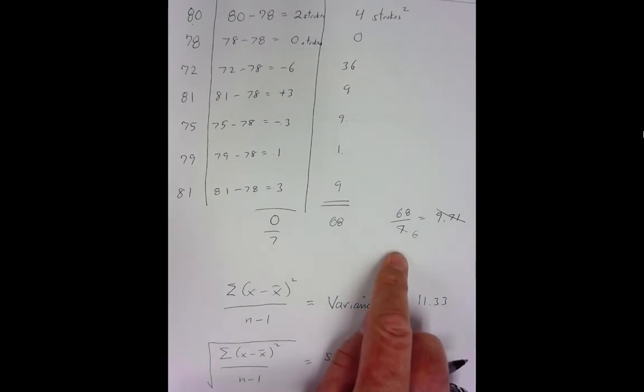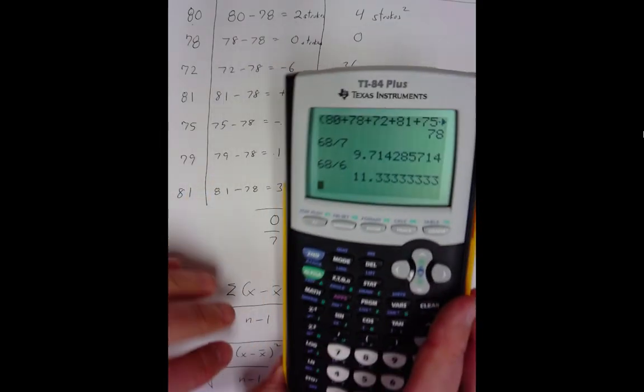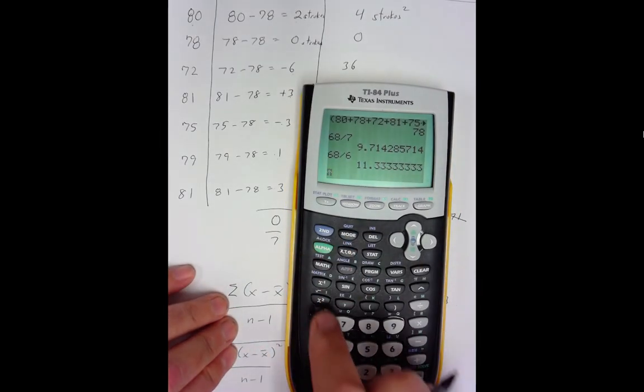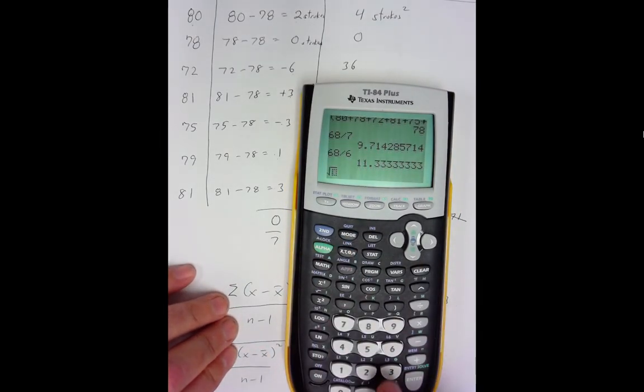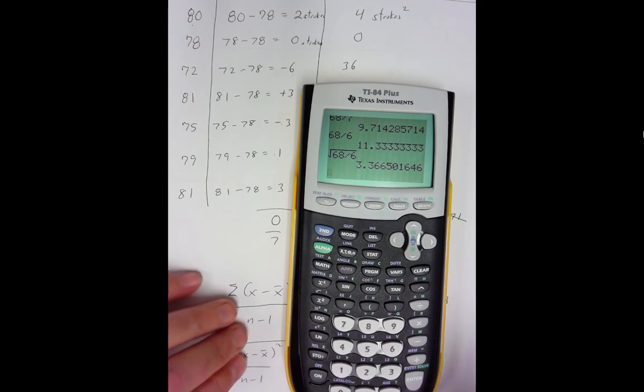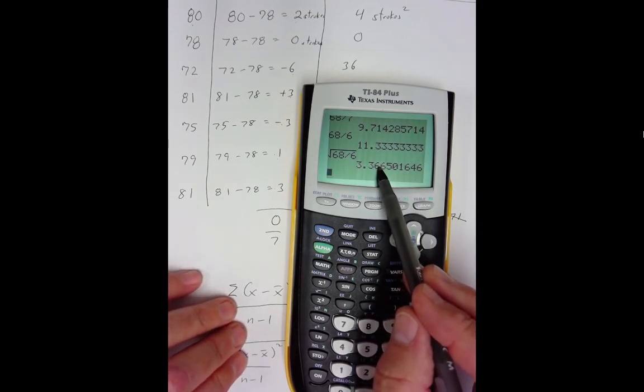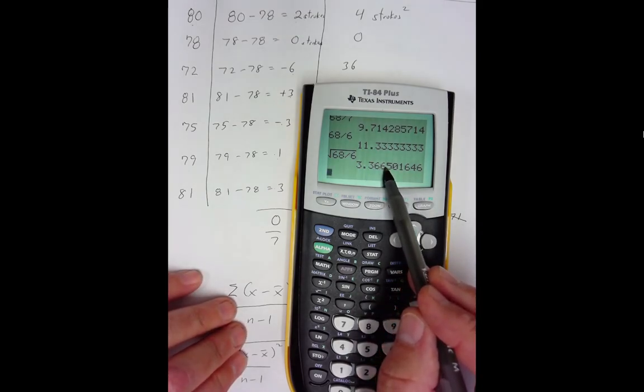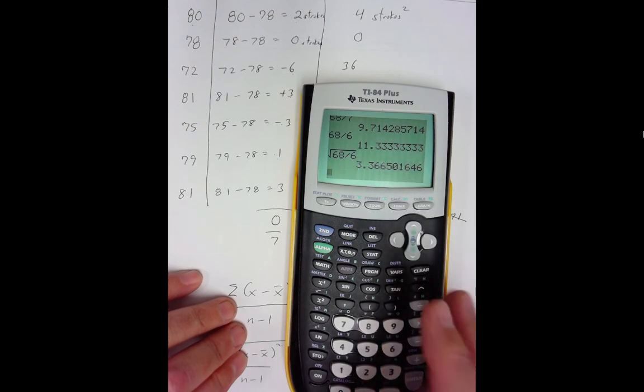So guys, I can take 68 divided by 6, take the square root of 68 divided by 6, and I get 3.37. Guys, that third digit is bigger than 5, so I'm going to change it to 37.